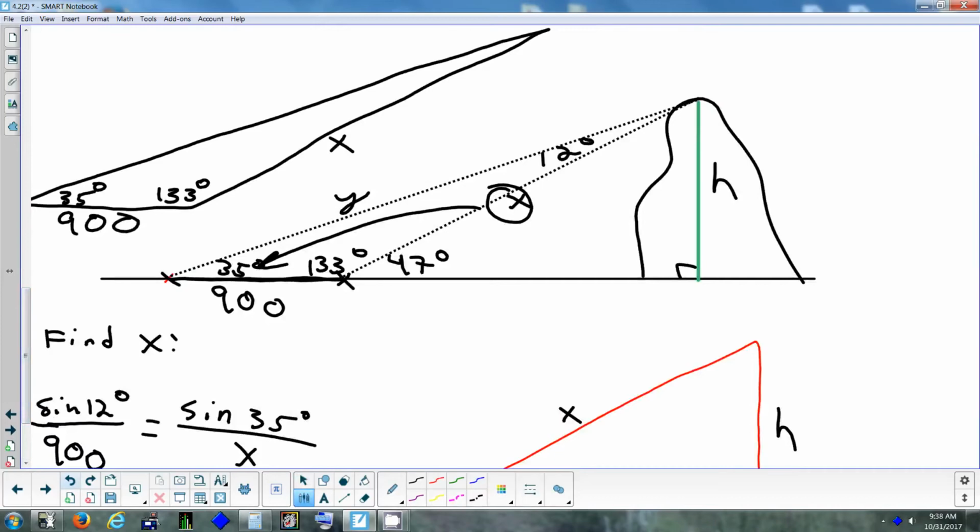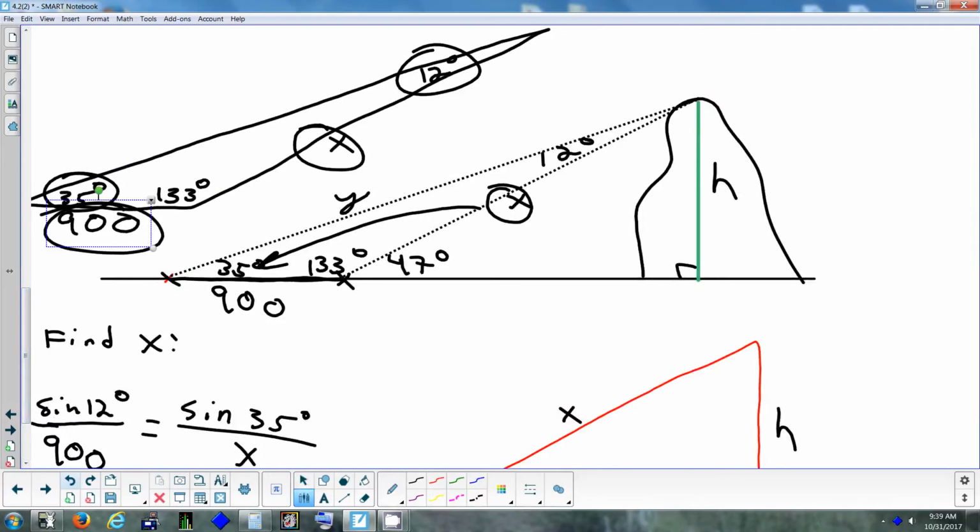Okay, to find x, you're definitely going to have to use the angle that's across from that side, which is 35. And you have to use the angle that's across from the side you know. That's like having a row that's complete. You know a side, you know the angle across from it. There's your complete row. 12, 900. This is the row that's missing one thing.